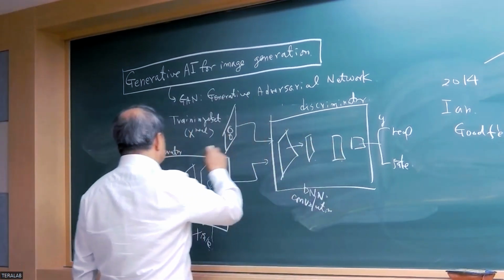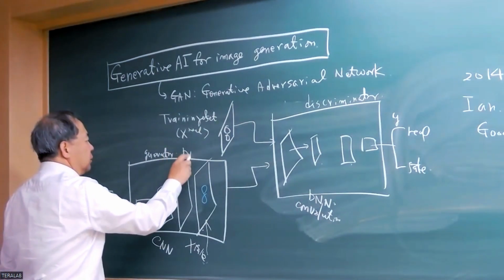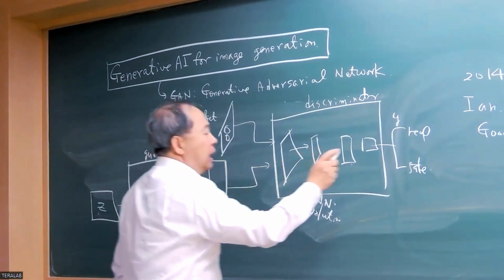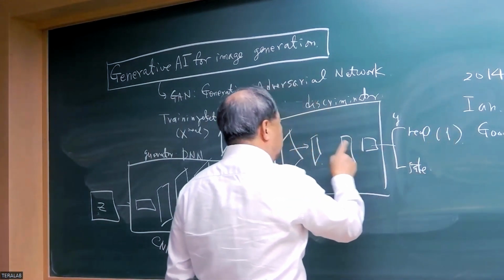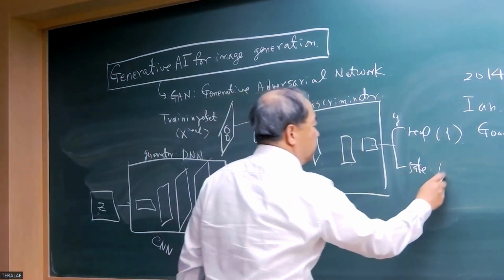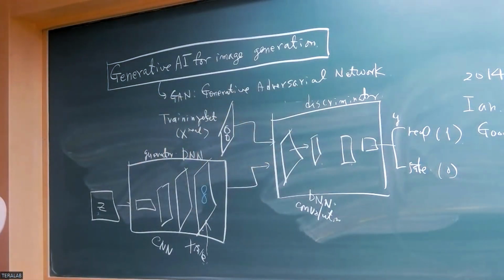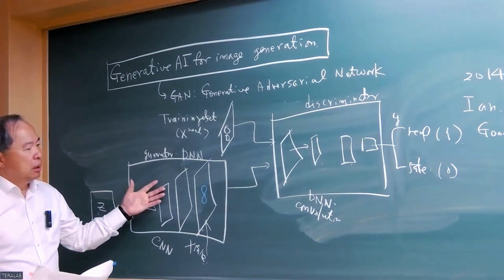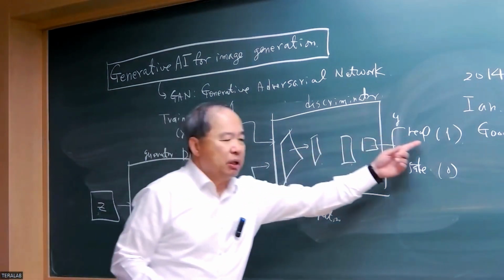If the fake image generated by the generator neural network is judged real, the output is going to be 1. If it is a completely fake image, the output is going to be 0. So the generator wants to fool the discriminator as if the image were real.